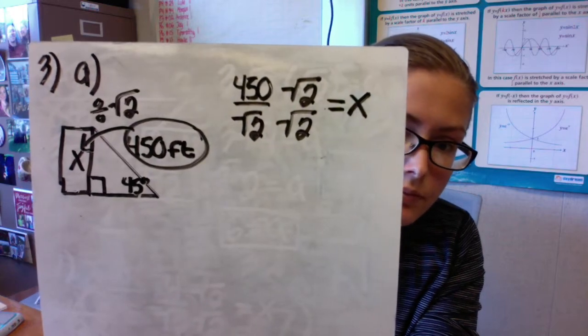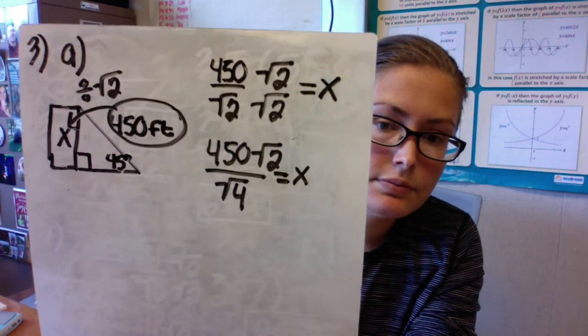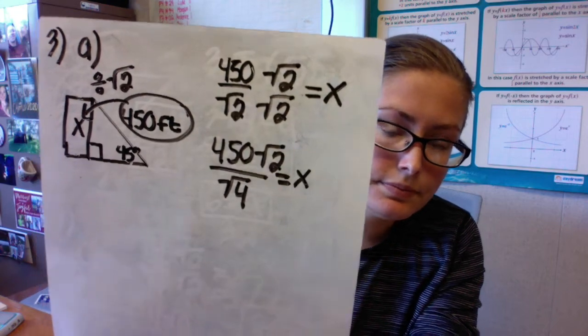You multiply the top and bottom by radical 2. We get 450 radical 2 over radical 4 is equal to x. So 450 radical 2 divided by 2 is equal to x.